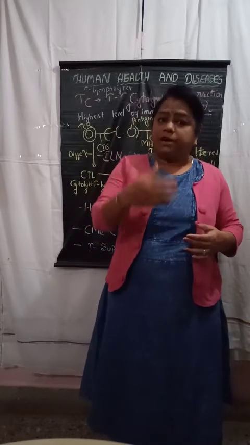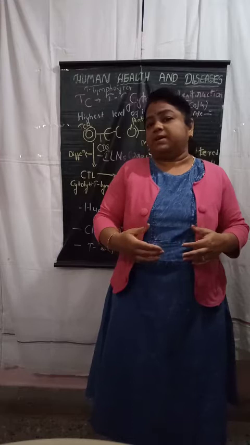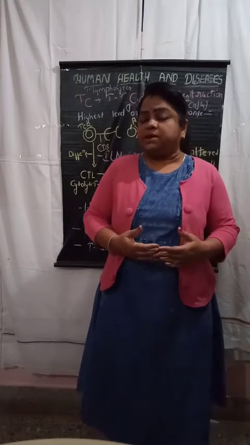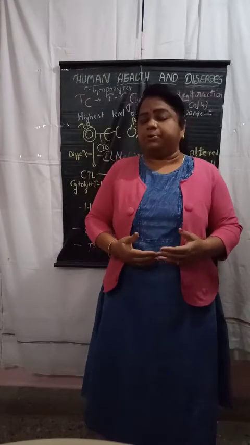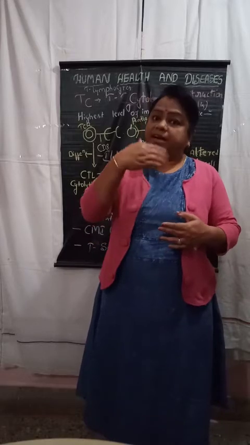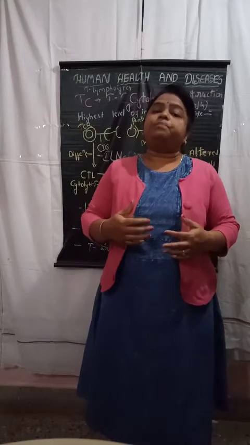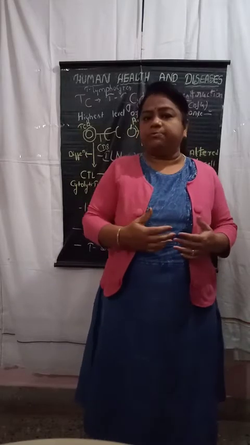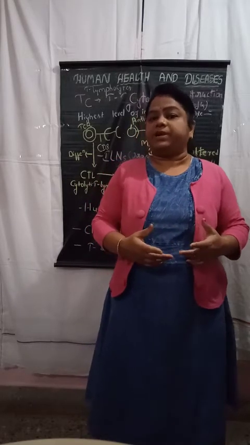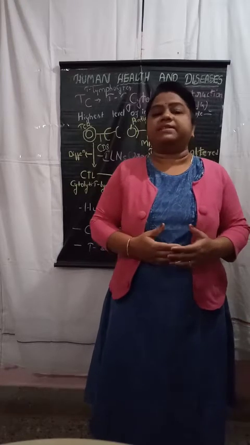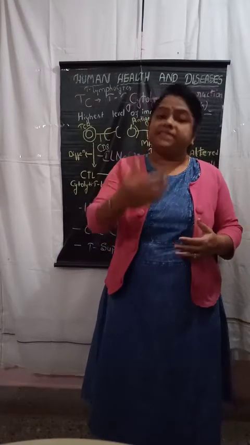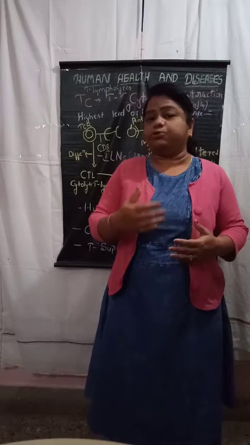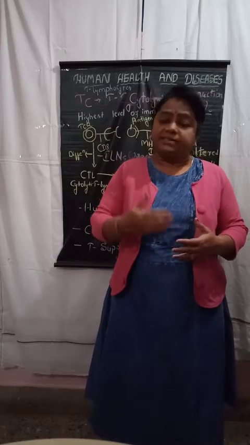In the T lymphocytes, we have already discussed what are T lymphocytes, from where they are produced and where they are functional, and also what are the types of T lymphocytes. So T lymphocytes are of two types: one is the T helper cells and also TC cells, that is T cytotoxic or cytolytic cells.